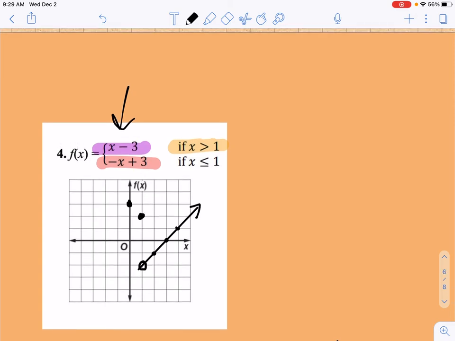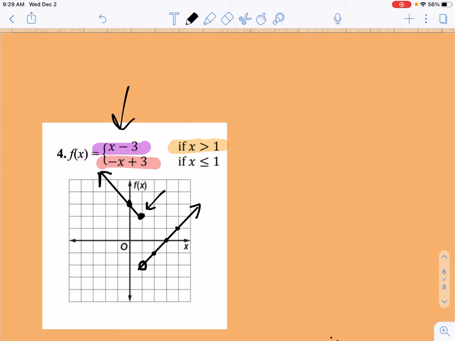And then because it's less than or equal to 1, I do include this point here, so that's going to stay, but I don't go past that point. And then anything to the left of that point is going to be included. So your line on this one is going to look something like this. And so you get this kind of funky looking graph.